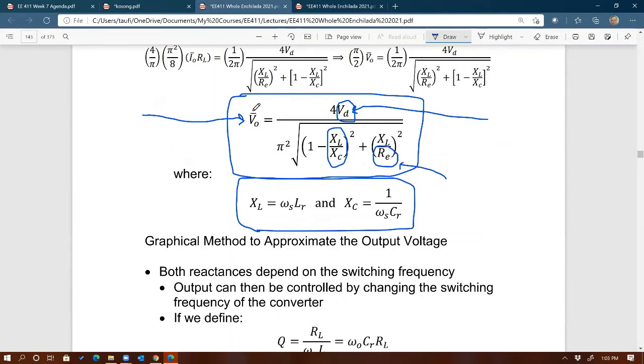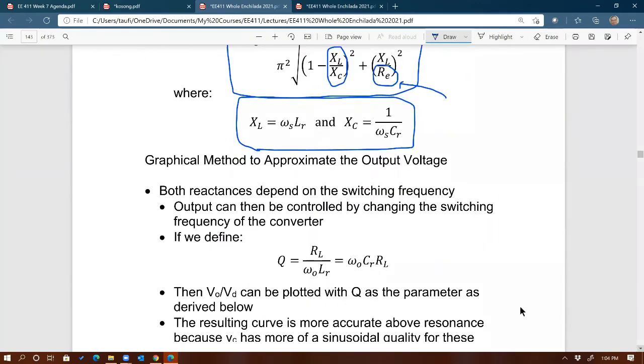Now, in addition to using this equation, I could also use a graphical method to estimate the output voltage. Since we have L and C, we can associate those two energy storage components with the quality factor Q. So that's what I'm going to do here.